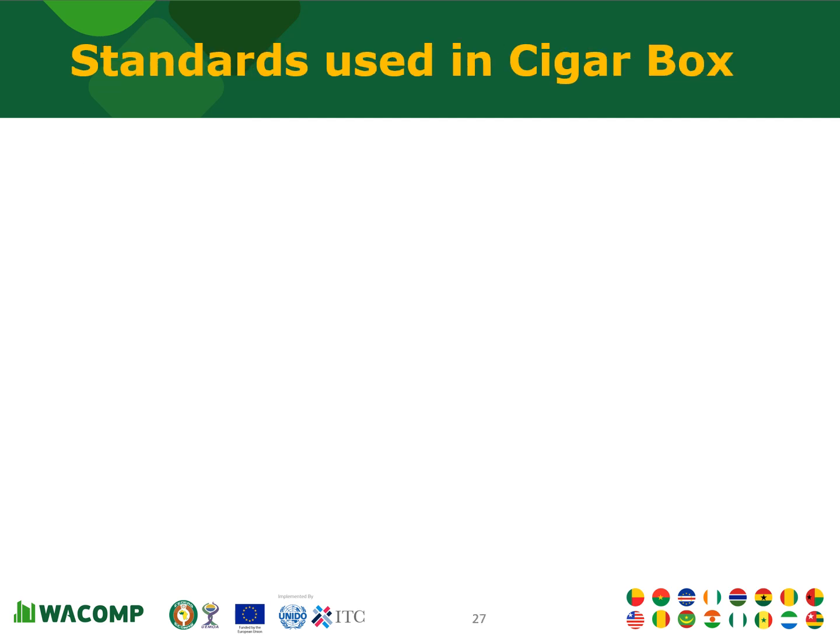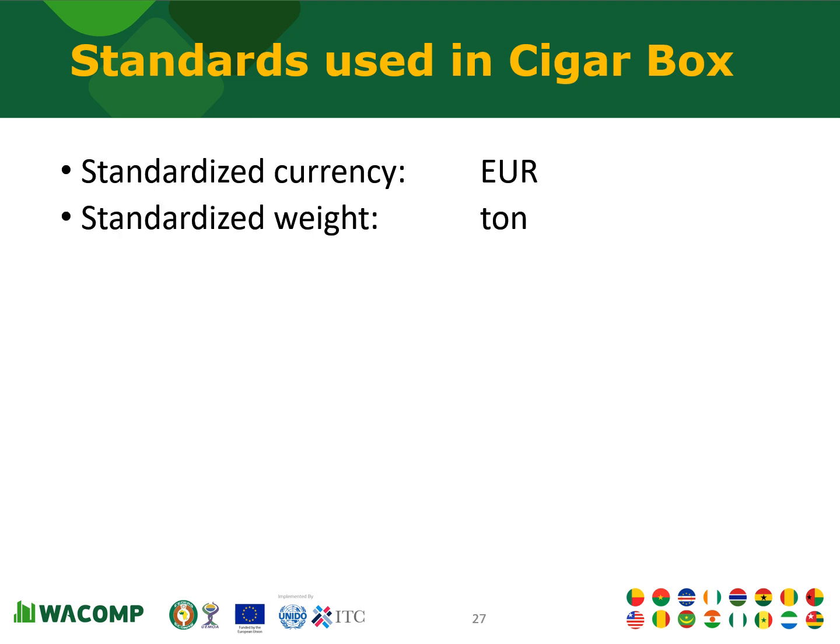Standards used in the Cigar box. The standards we use during this training and coaching program are as follows. A standardized currency, euro. No naira, no CFA, no cedis, euro. A standard weight, ton. Standard period, 1 year.